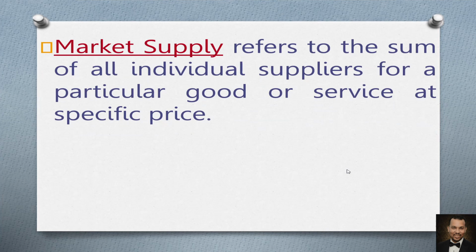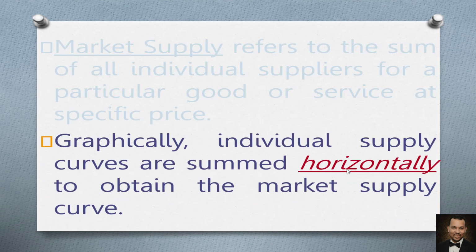These are the individual supplies. What about market supply? Summation. So with price 10, market supply equals 1 unit from supplier A plus 2 units from supplier B plus 3 units from supplier C, so market supply equals 6 units at price 10. Graphically, we sum the individual suppliers horizontally.